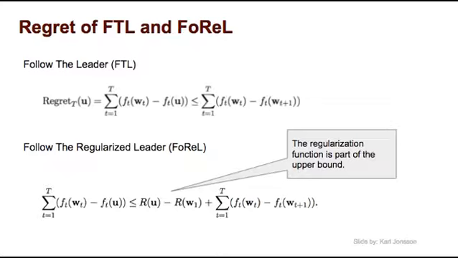Here is an application or an example of the bounds. For example, follow the leader: we use the inequality from the convexity property of the loss function. Same goes for the regularized leader.